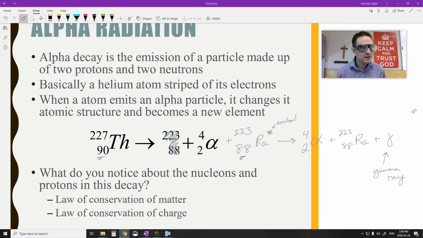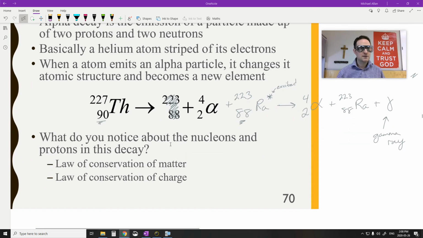Okay, so what do we notice about the nucleons and the protons in this reaction? Let's look at the bottom numbers, the proton numbers. So I start off with 90 protons, and I have 2 in the alpha particle and 88 in the radon.